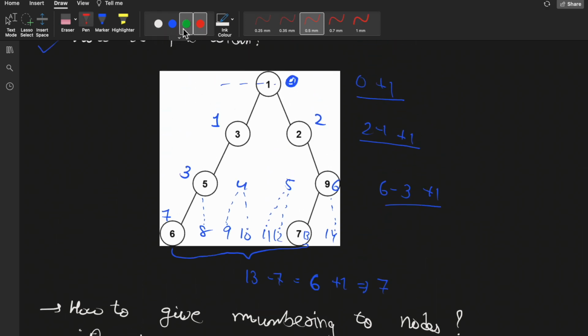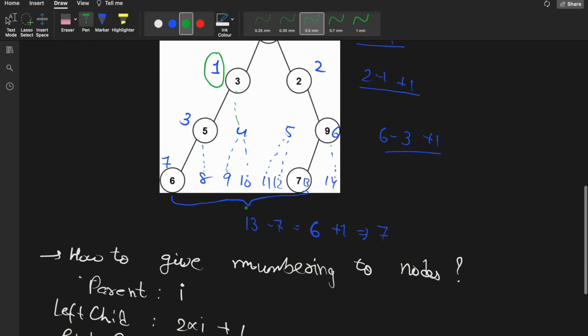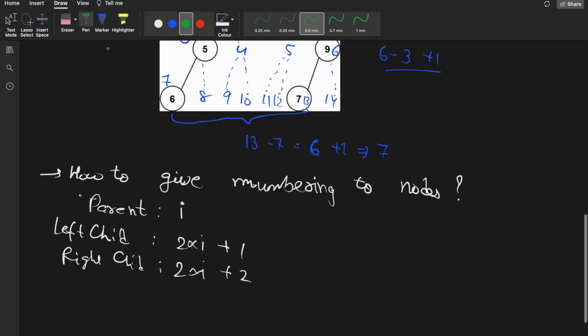The parent number is 1, so its left child is 2 into I plus 1, that is 2 plus 1, 3, and its right child is 2 into I plus 2, so that is 4, right? So you can verify that this formula is correct: if the parent index is I, its left child is 2I plus 1 and right child is 2I plus 2.